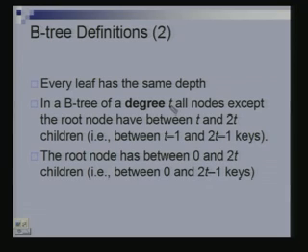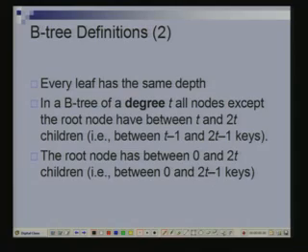Now today we are going to say that b should be exactly 2a. If your node has degree t, so t is the same as the a that we had talked of, all nodes except the root have between t and 2t children.